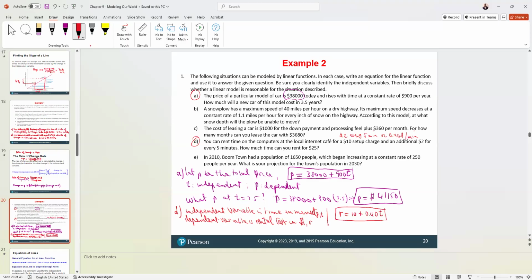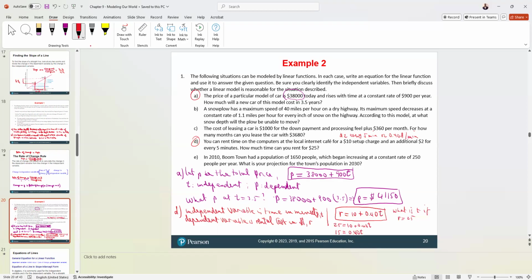So when they say, how much time can you rent for $25? What is t if R is 25? So you see, we know everything. So I'm going to do 25 equals 10 plus 0.40t. If I subtract 10 from both sides, it's going to give me 15 equals 0.40t.